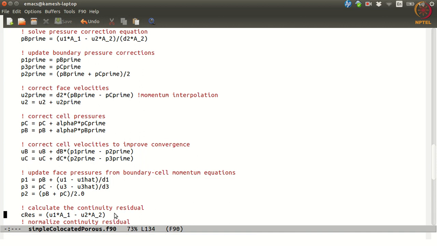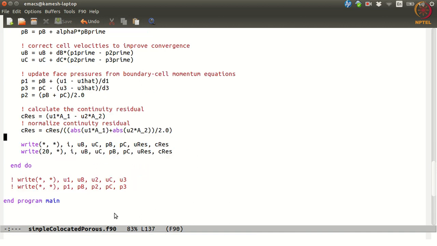Okay, then calculate the continuity residual. C residual equals essentially U1A1 minus U2A2. Of course, you can even add the other component, that is, this is for cell B. You can also add the other component that is coming from cell C as well, okay, and then normalize with the continuity value, and essentially write down all this information.